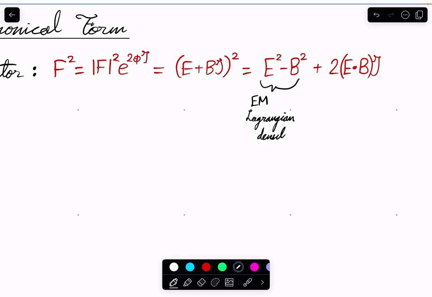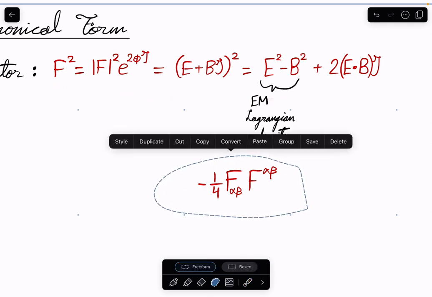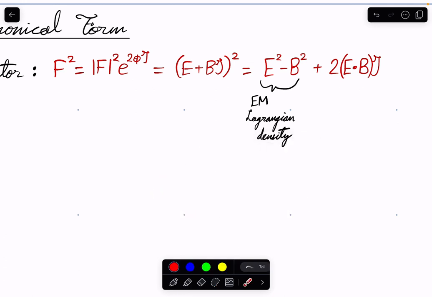This is what's used to construct a Lagrangian in electromagnetism, which makes sense because in traditional electromagnetism, you typically write out the Lagrangian as negative F alpha beta F alpha beta, like this. This is traditionally how the Lagrangian density would be written in tensor mechanics. But here you just have a bivector, so you just square it. So it's overall a much simpler mathematical formalism than in tensor mechanics.